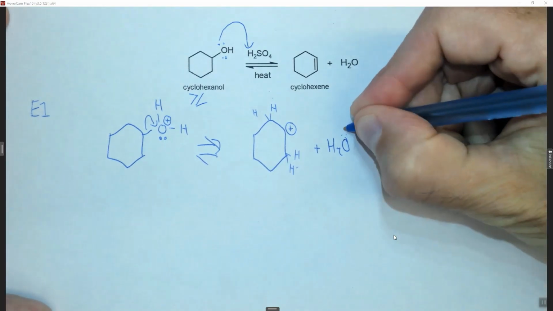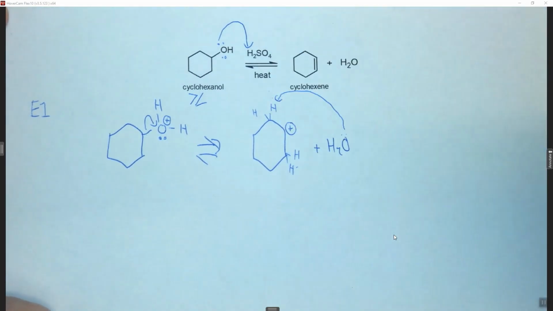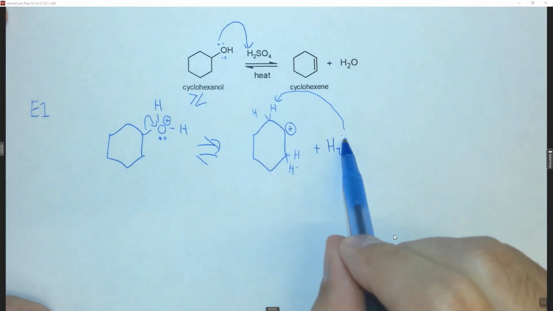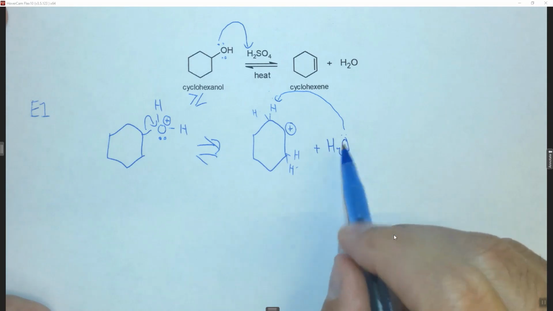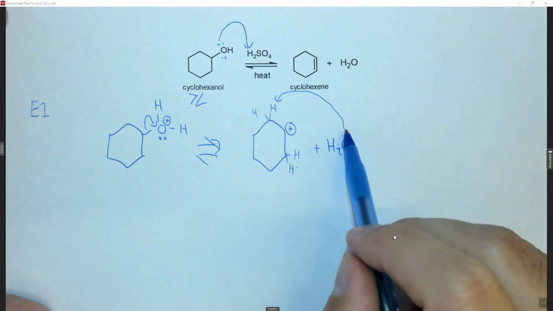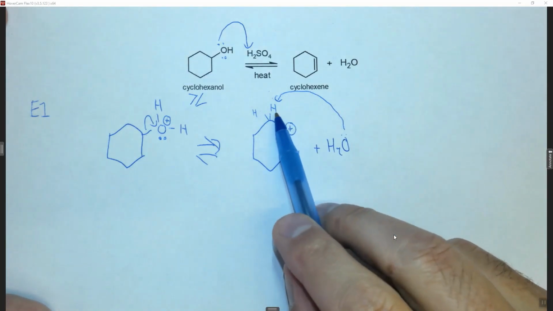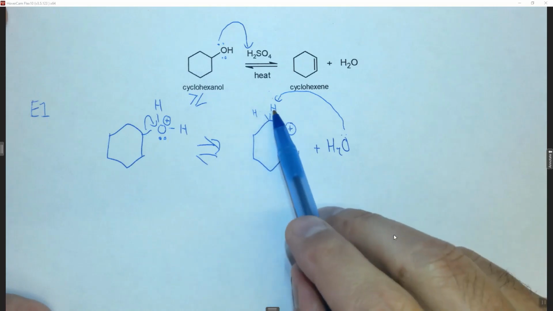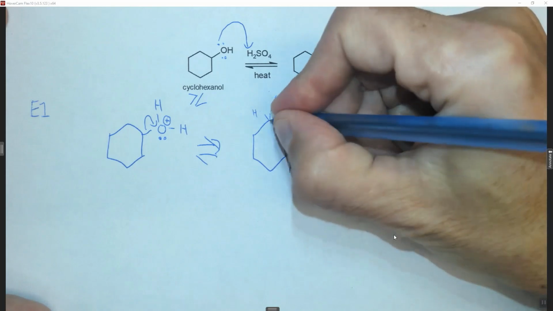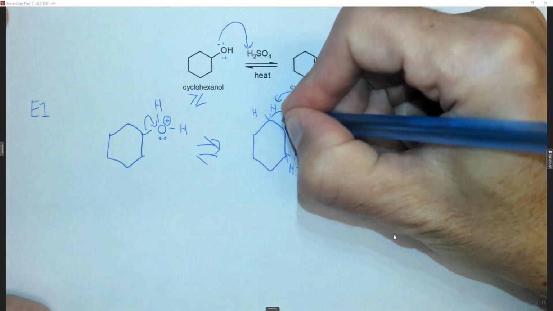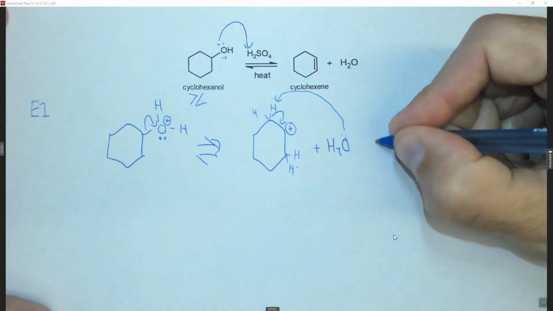So the water molecule can act as a base here, or we could say another way, the water molecule acts as a nucleophile. This water molecule is acting as a nucleophile and grabbing this H+. The H+ is acting as an electrophile and interacting with the lone pair on the water. And then these two electrons in this bond shift into a double bond.